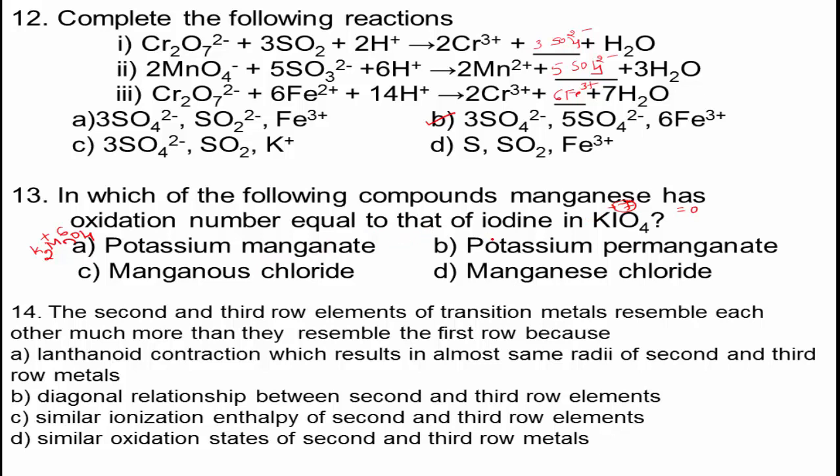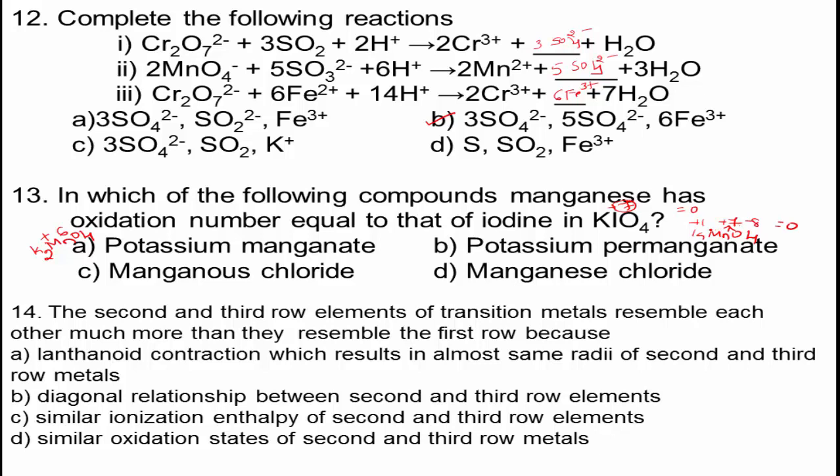Come to option B. Potassium permanganate means KMnO4. Here 4 into minus 2 is minus 8, and K is plus 1. When the sum becomes equal to 0, the value is plus 7. Therefore here the manganese oxidation number is plus 7.